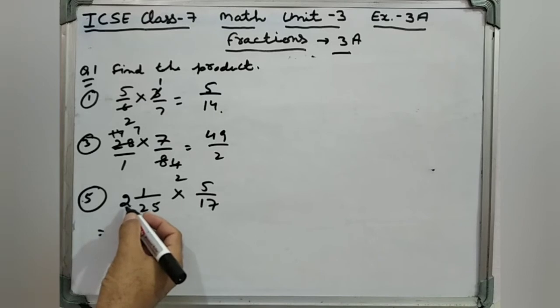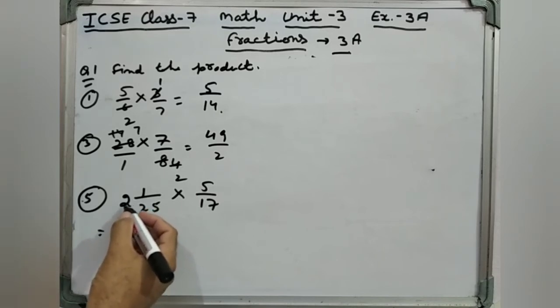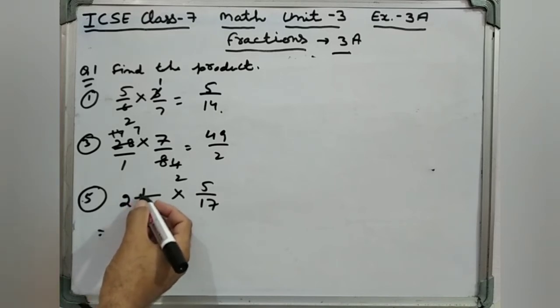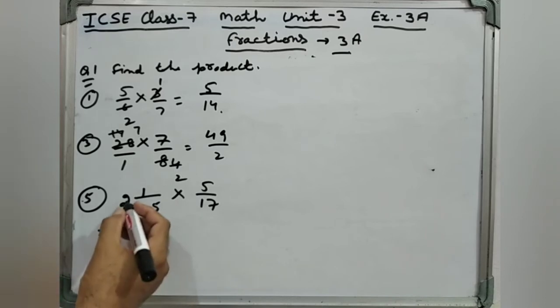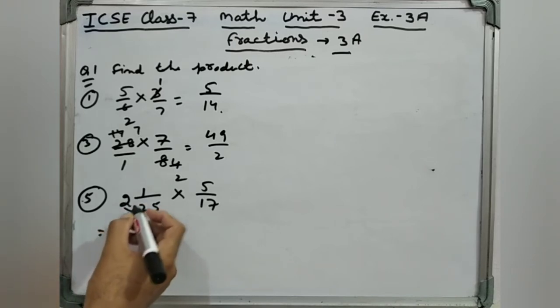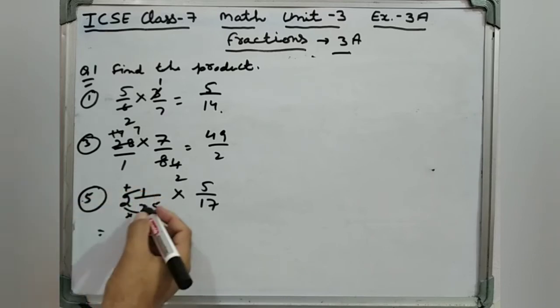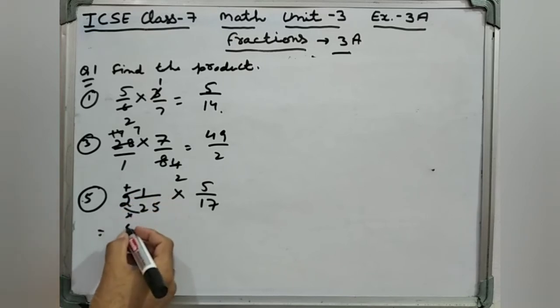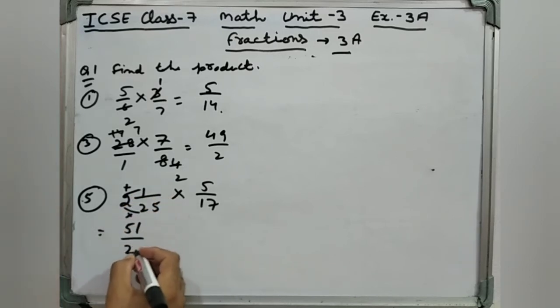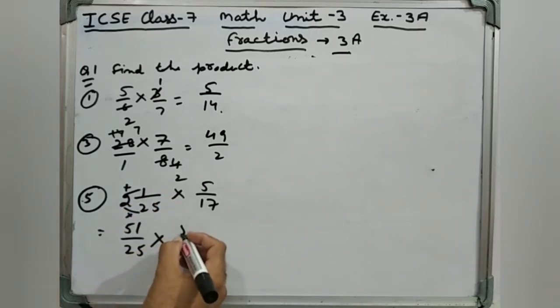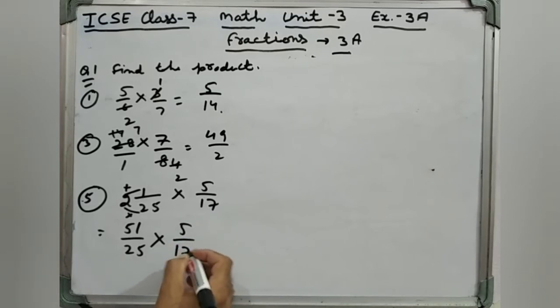25 1s are 25, 2 multiplied by it, 25 2s are 50, 50 plus 1 is 51, right? We have to multiply this, and the product has to be added to it. 25 2s are 50 plus 1, 51 upon 25 multiplied by 5 upon 70.